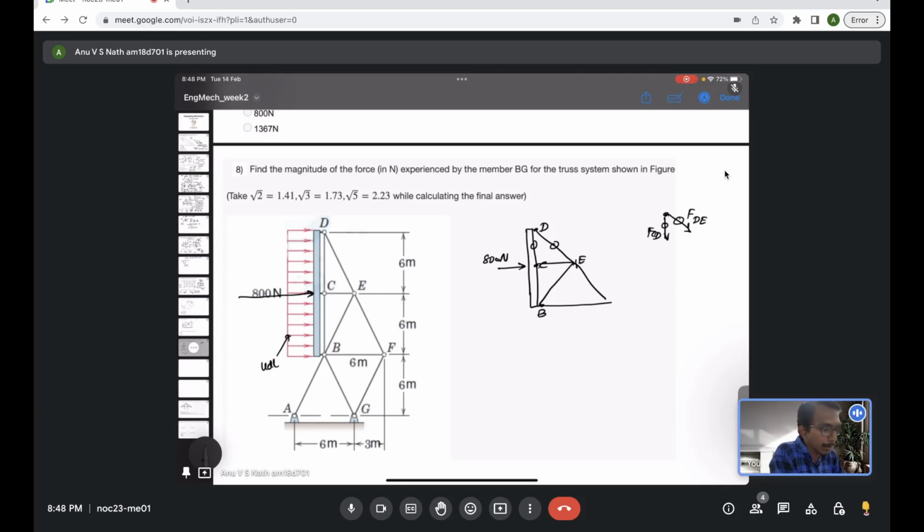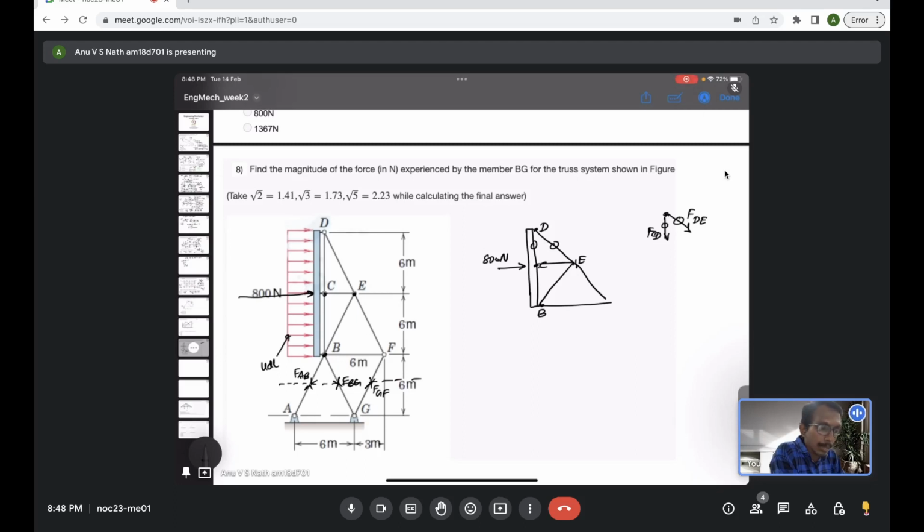We can continue the process and finally evaluate the force experienced by the member BG, FBG. So you can continue using the method of joints from C, E, B, and once you reach B, you can take the section like this, where you have FAB, FBG and FGF in the system. Then it's just straightforward.